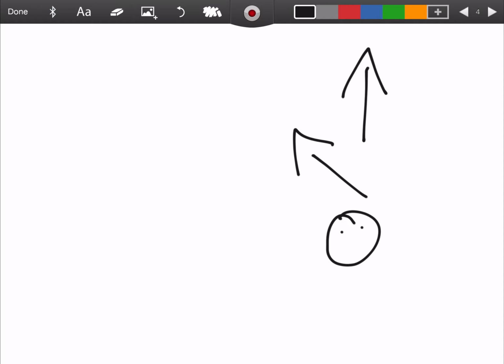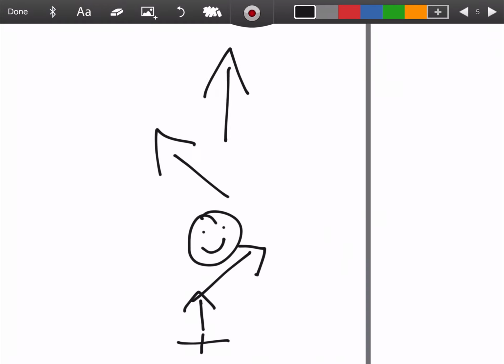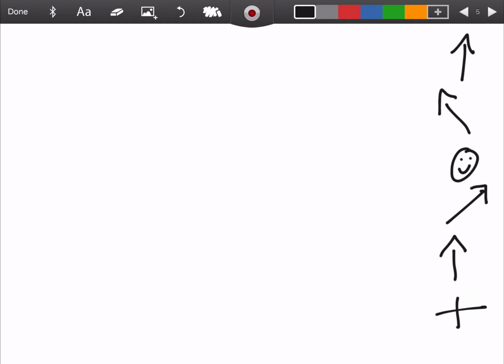Now, I like to tell myself to go straight up and down, to the side, add a 0, go this way, straight up and down again, and add them all together. So let's try that. Straight up and down, to the side, drop my 0, go this way, go up, and add them together.